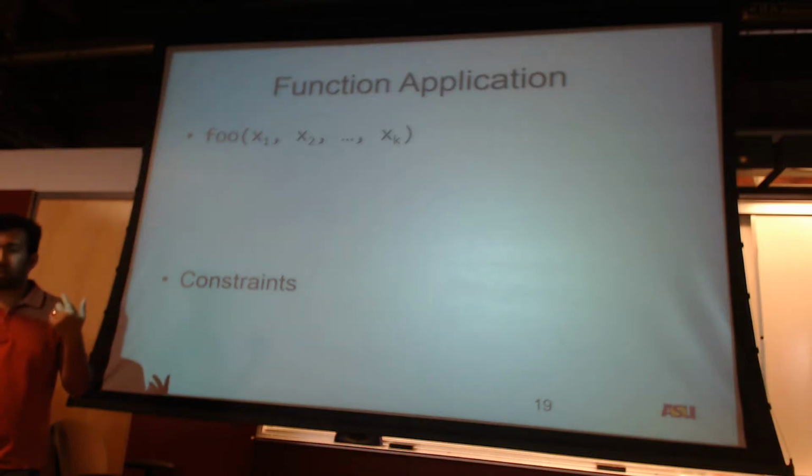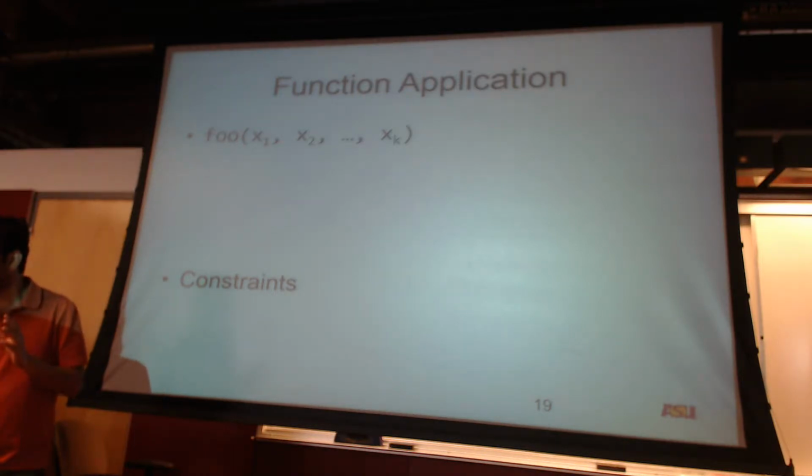Declaration is where you are defining a function. You are saying, okay, this is a function and this is the body of the function. That is declaration. As opposed to application, where you are actually using that function to set some variables, say C equals fun x1, x2, x3. So application and declaration are two different things.